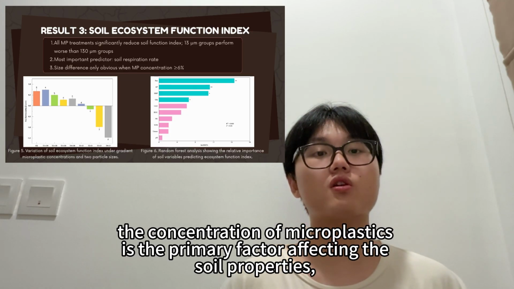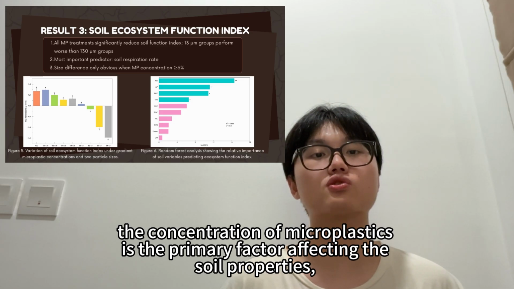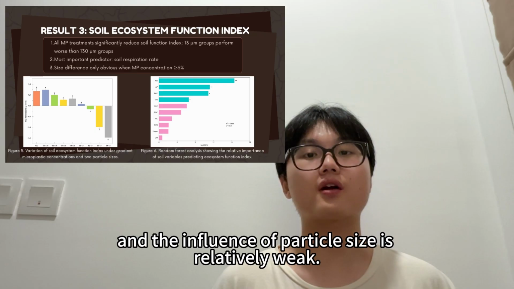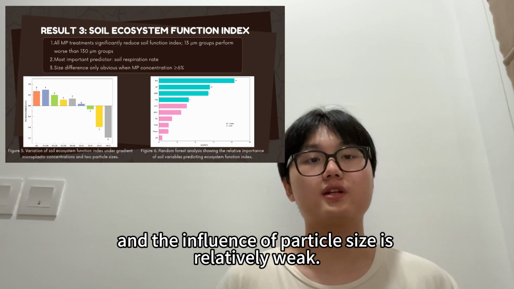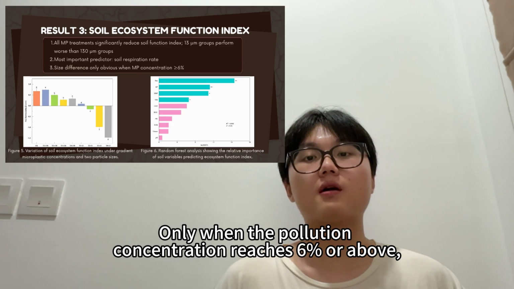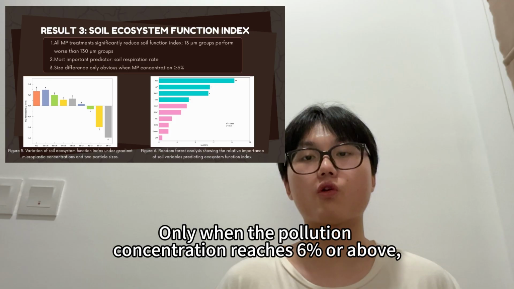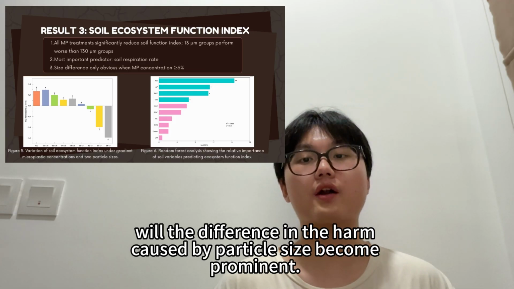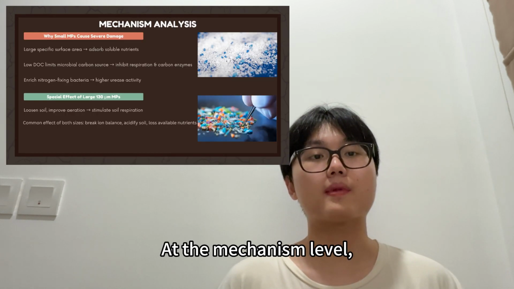The concentration of microplastics is the primary factor affecting the soil properties, and the influence of particle size is relatively weak. Only when the pollution concentration reached 6% or above did the difference in the harm caused by particle size become prominent.